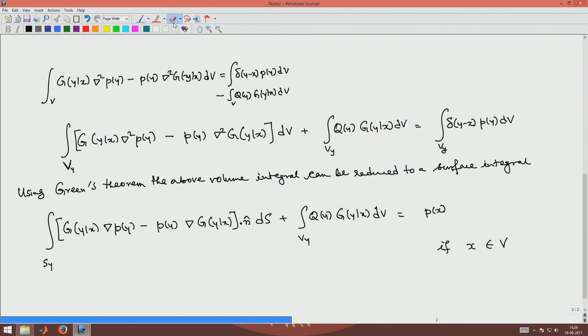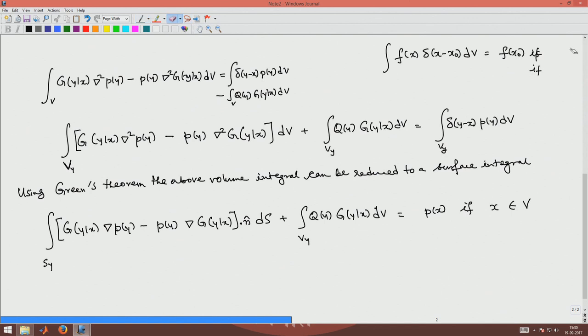So, this is going to be p of x if x belongs to this volume, but if x is outside the volume, then this quantity is going to be 0, because just like we had delta functions in one dimension, the essential property of delta function, if you recall, is f x delta x minus x naught integrated over the volume is going to be f of x naught if x naught is within this volume of integration.